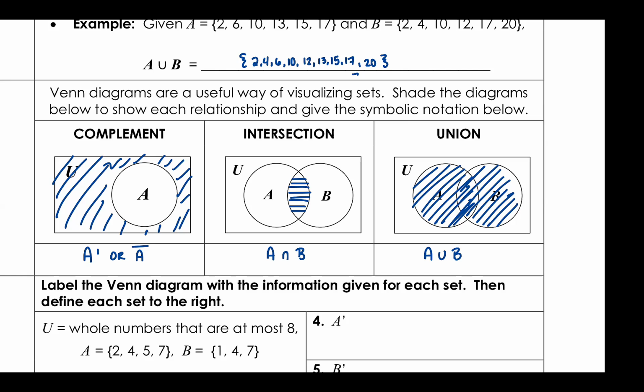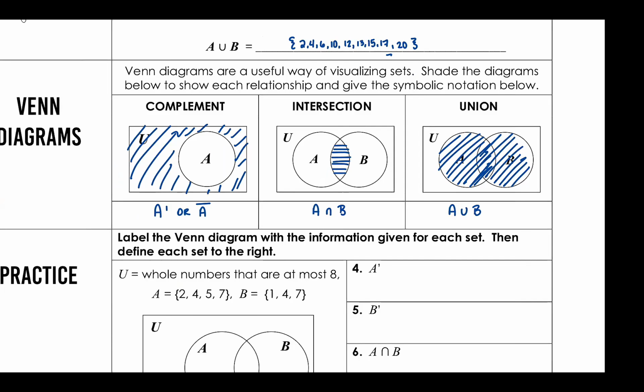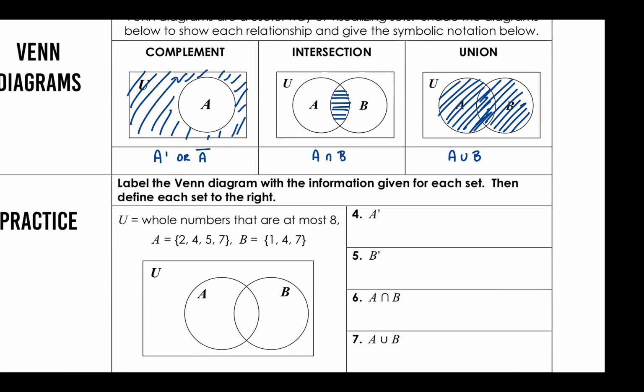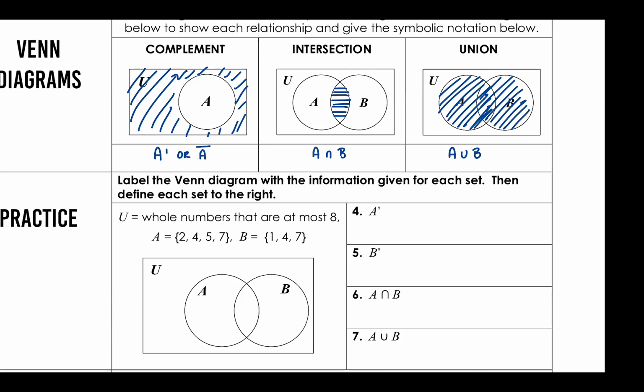So let's practice now with some different sets. U is our universal set: whole numbers that are at most 8. So the highest they can be is 8. And then we have set A, which is 2, 4, 5, and 7, and set B, which is 1, 4, and 7.